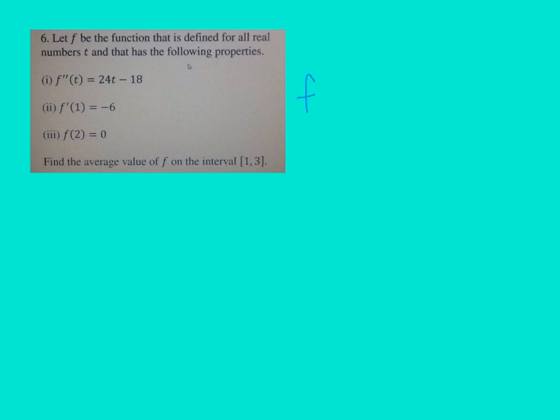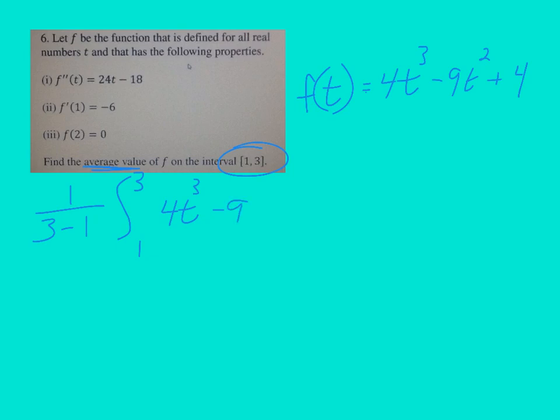All right, so f of t is 4t cubed minus 9t squared plus 4. I want the average over the interval 1 to 3. So 1 over b minus a, integral from a to b, of 4t cubed minus 9t squared plus 4, and we should have proper notation, dt.